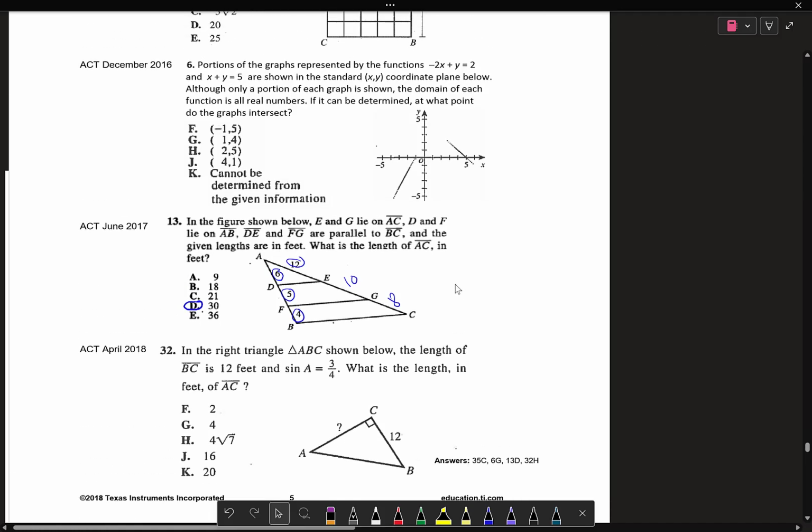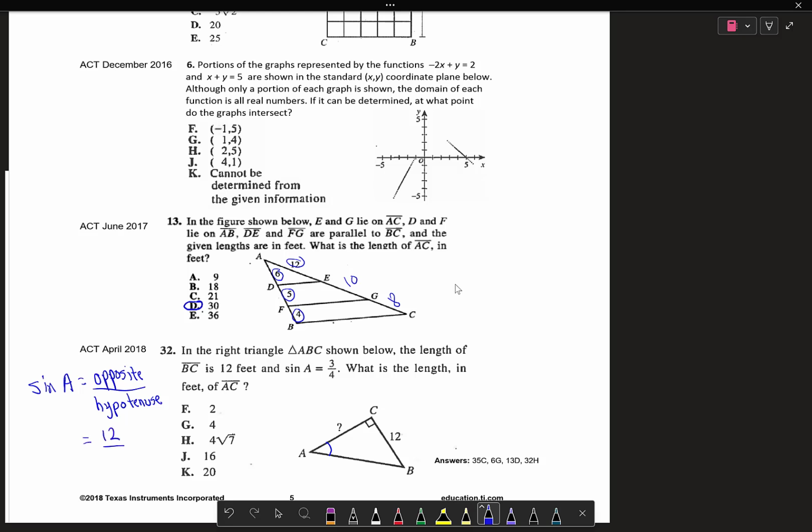And then finally 32, the right triangle shown below, the length of BC is 12, and the sine of angle A is 3/4. So if you remember the formula for sine, the sine of an angle is equal to the opposite side divided by the hypotenuse. It's just the ratio of those two sides. Well, the opposite side of angle A is 12.